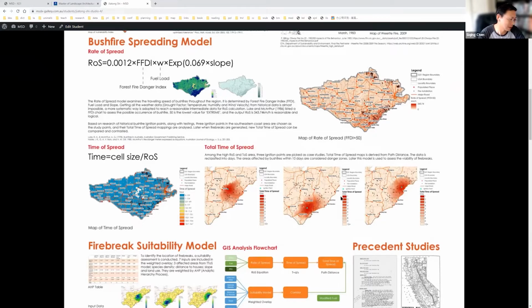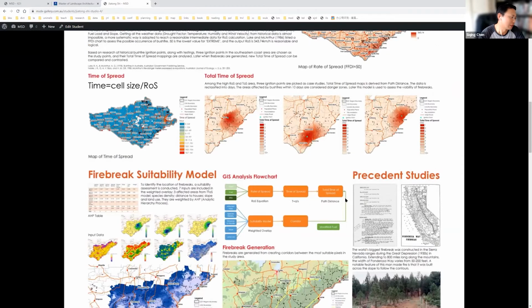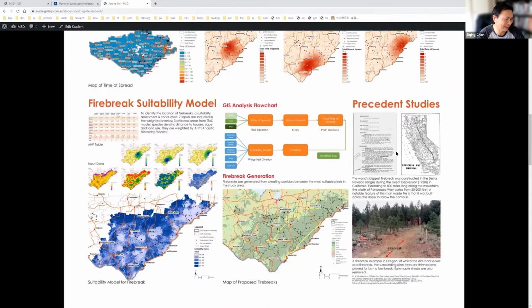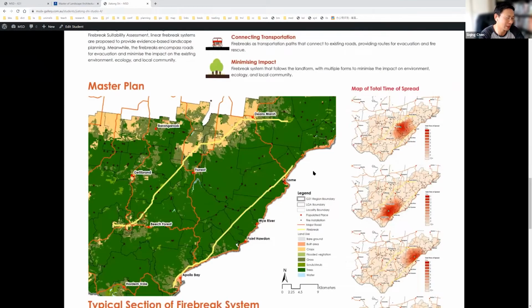And then delineate the regions that will be affected, and where you're going to propose a fire break and integrate that fire break with the road infrastructure and all those things, including some of the evacuation route design on a smaller scale.